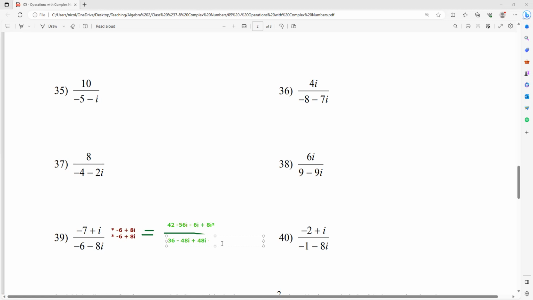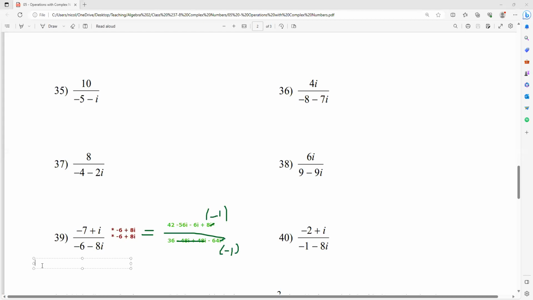So the reason why you're doing this is you're getting i out of the denominator. And so you'll see in the end, you will no longer have i in the denominator. So this cancels out. This becomes a negative 1, so it becomes a positive 64. This becomes a negative 1, so that becomes a negative 8.